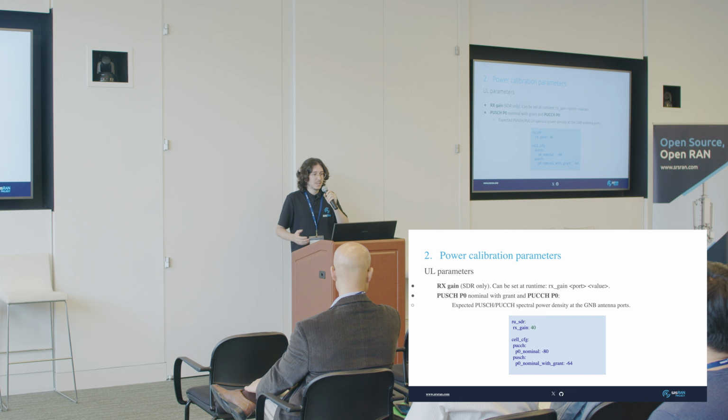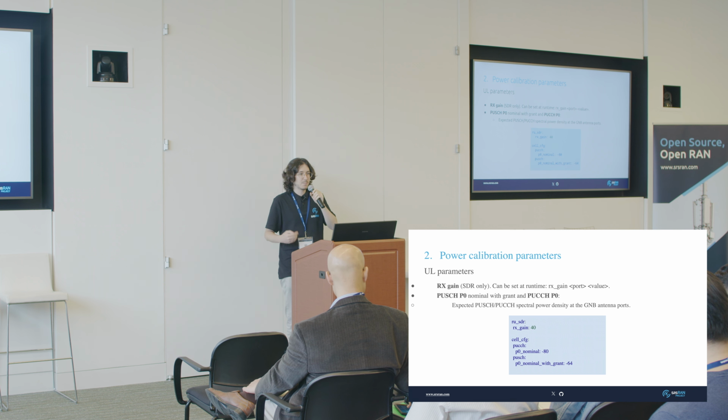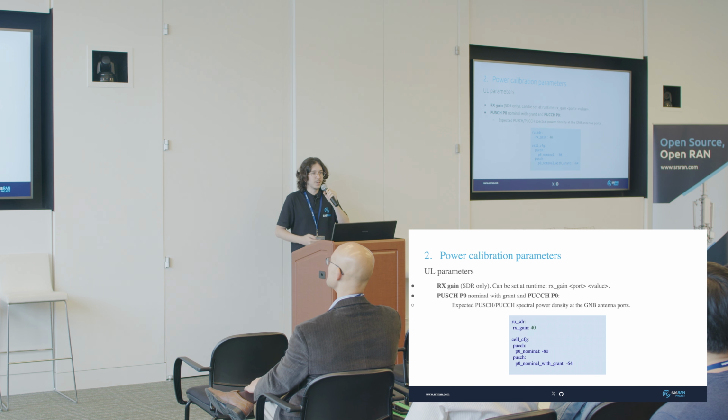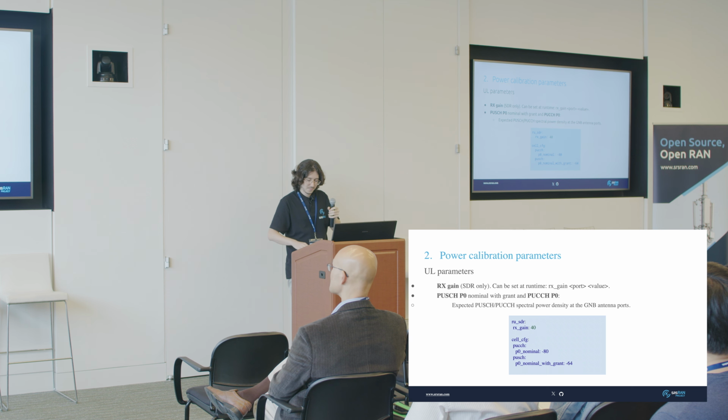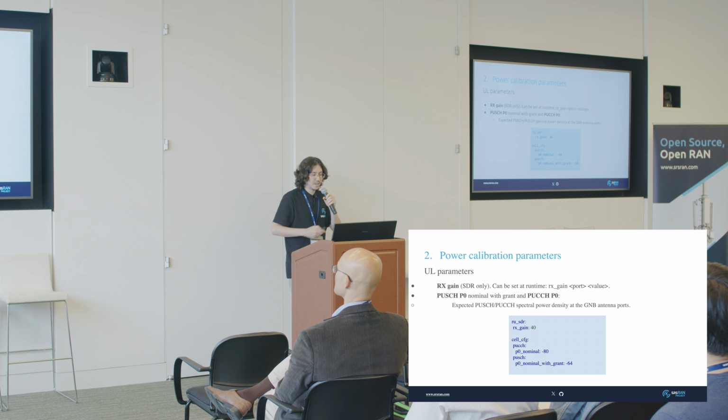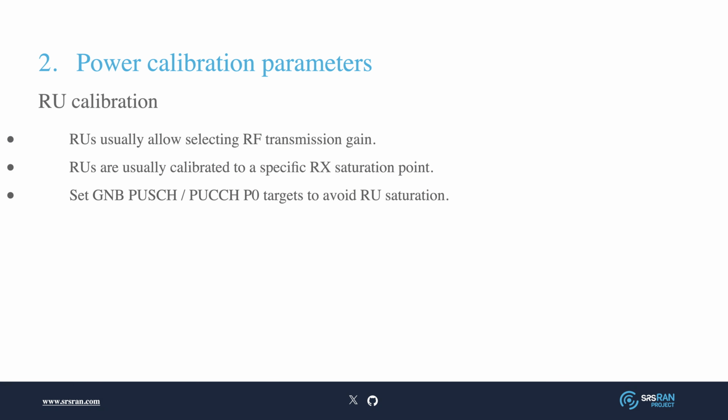For this reason, it makes more sense to configure a spectral density target so that each UE knows not the total amount of power it needs to transmit, but the spectral density that we care for at the receiver side when we have to decode all the signals coming from all the UEs. And of course, here you also have a very brief example about these parameters, how you find them, and so on.